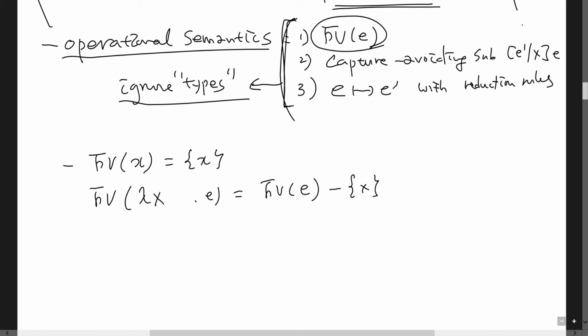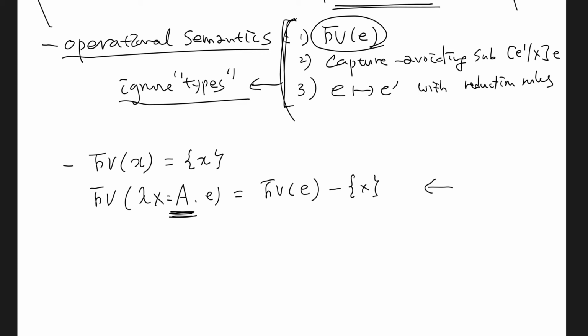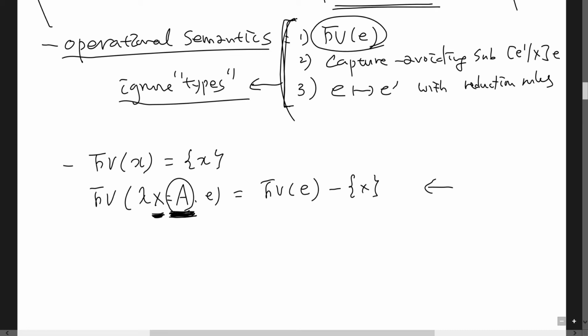And even if we introduce this type annotation in simply typed lambda calculus, this equation does not change because this one has nothing to do with this type annotation, has nothing to do with free variables. It does not affect the status of this variable. This variable stays as a bounded variable whether you have this type annotation or not. So there's no change here. And similarly, there's no change in the definition of this one.